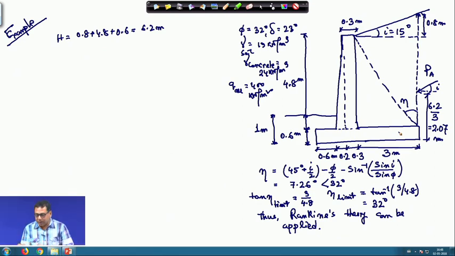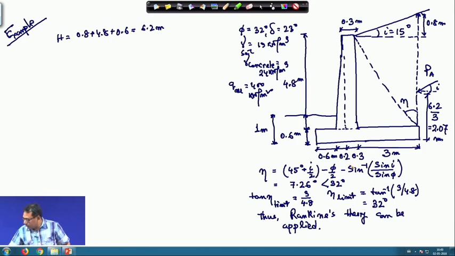So, when you calculate the P A, you have to consider the backfill property. When you are checking the sliding and the bearing capacity, at those times you have to consider the base soil property. But in this problem both are the same. So, you will consider the same properties for the backfill and the base soil.